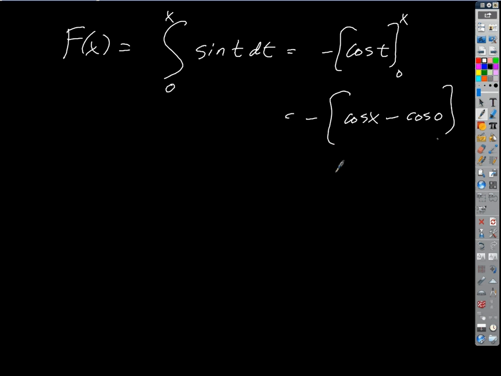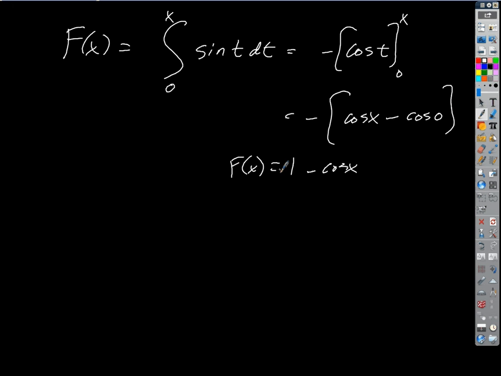So I'm going to get negative cosine x minus, so I'll do 1 minus cosine x. So that's f of x. I think I distribute my negative.